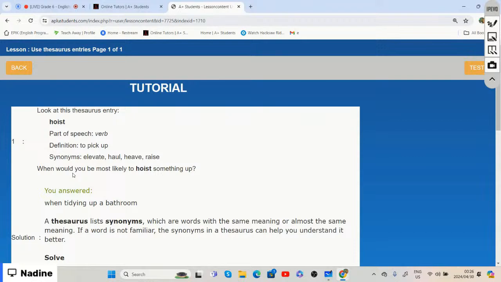All right. So we have our word hoist. It's a verb. The definition is to pick up. Synonyms of the word hoist are elevate, haul, heave, or raise.